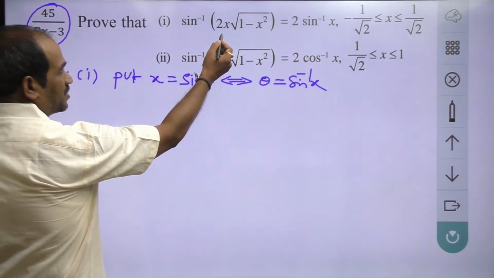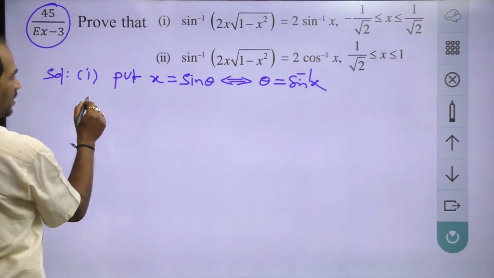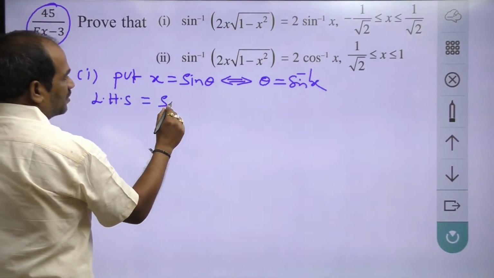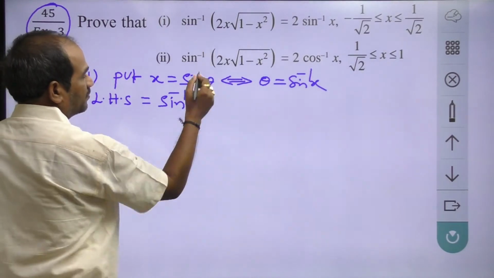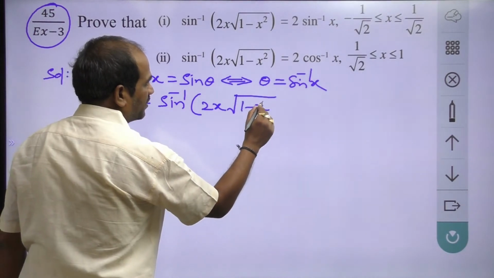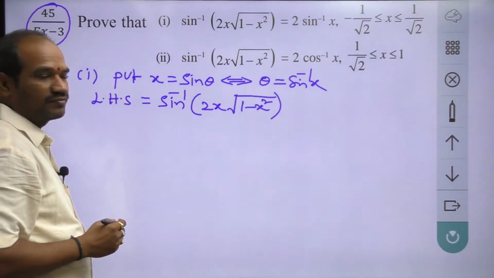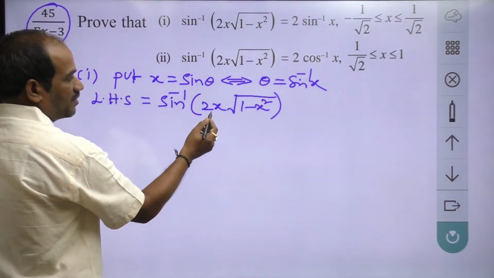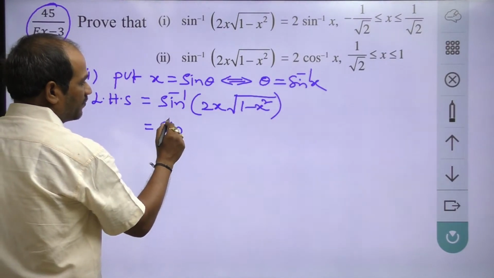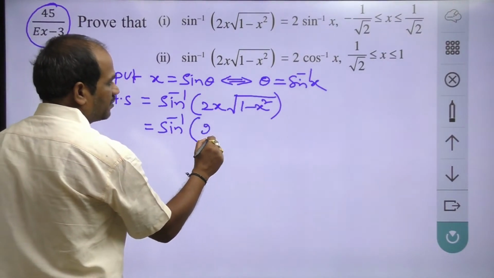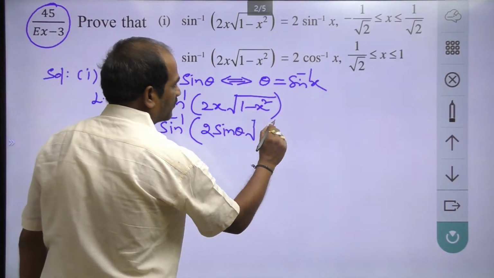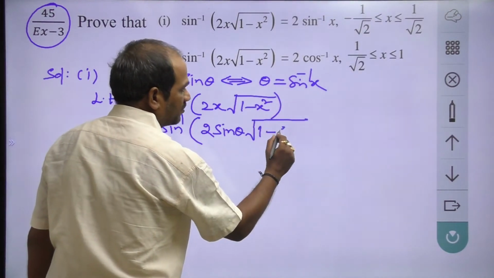Taking the LHS value: LHS is sin inverse of 2x into square root of 1 minus x square. Replace x by sin theta. That is sin inverse of 2 into sin theta into square root of 1 minus sin square theta.